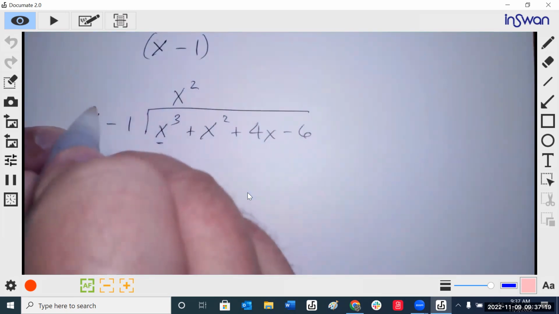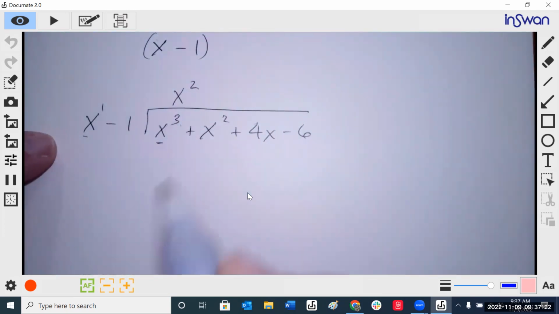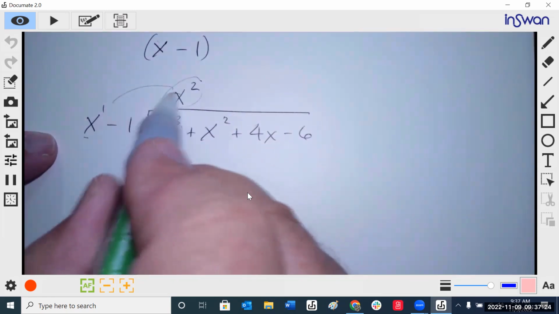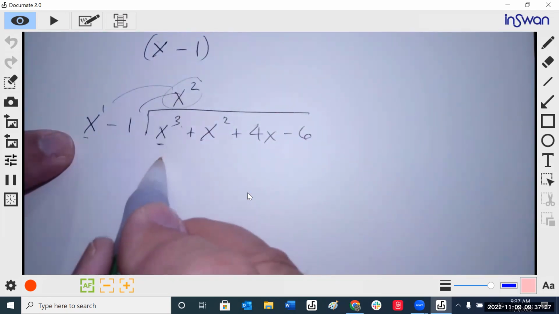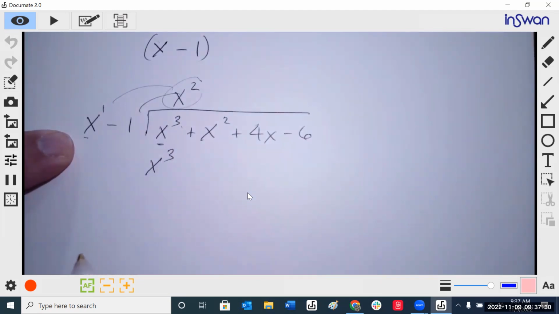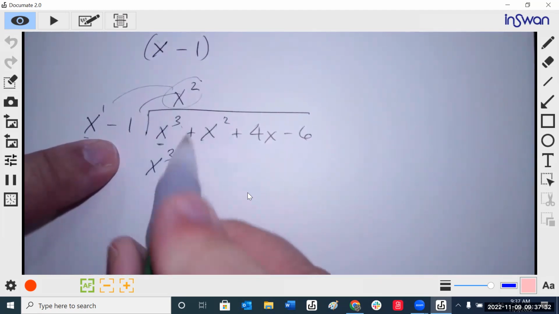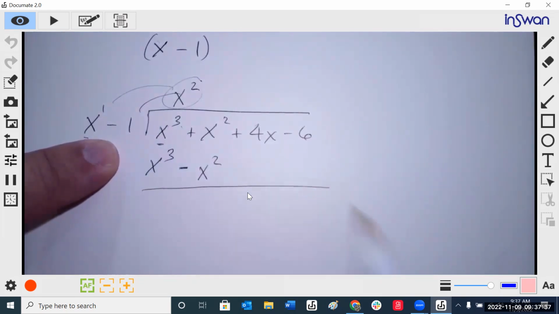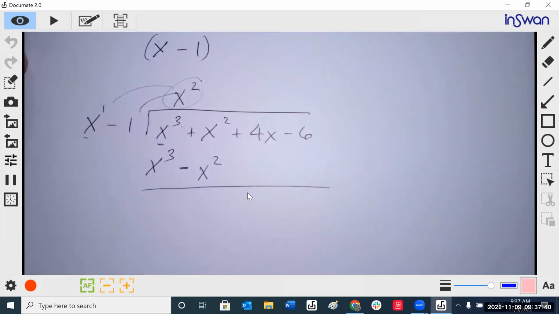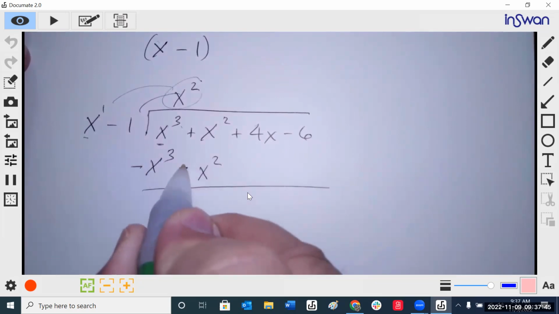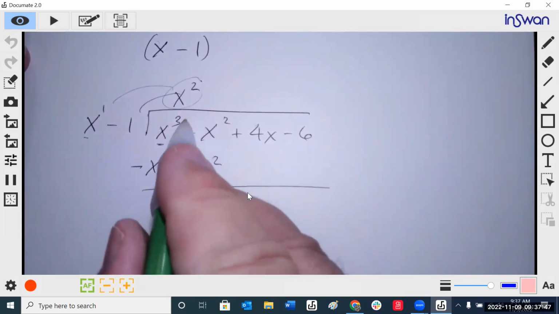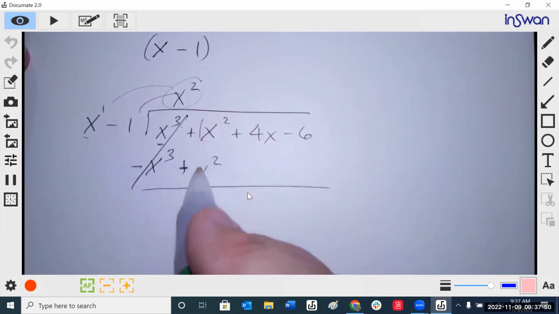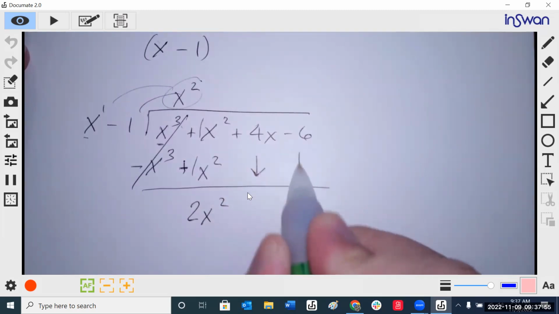X squared. I have 1 here. I need 2 more. So I take this and multiply it to both of those. X squared times x is x cubed. Positive times negative is negative. X squared times 1 is x squared. Change the signs of the second part and add. So x cubes cancel. 1x squared plus 1x squared is 2x squared. Bring down everything else.